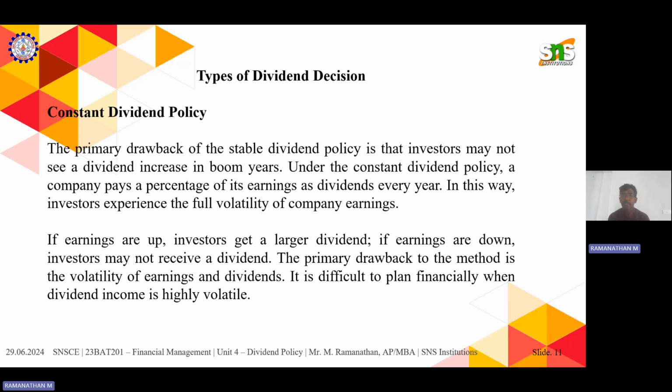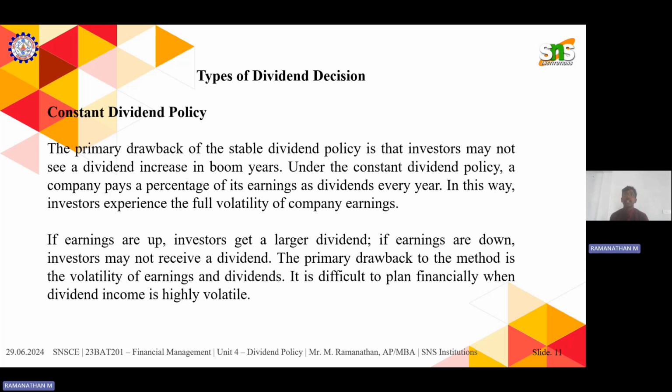Next is the type of dividend policy decision. The next is constant dividend policy. The primary drawback of the stable dividend policy is that the investor may not see the dividend increase in boom years. But under this constant dividend policy, a company pays a percentage of its earnings as dividend every year.